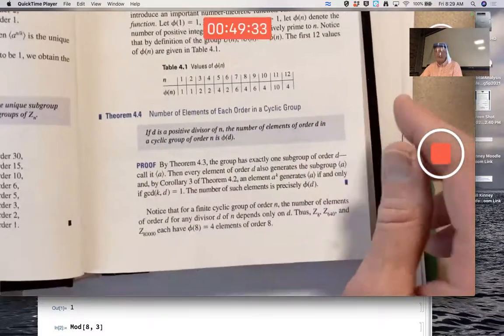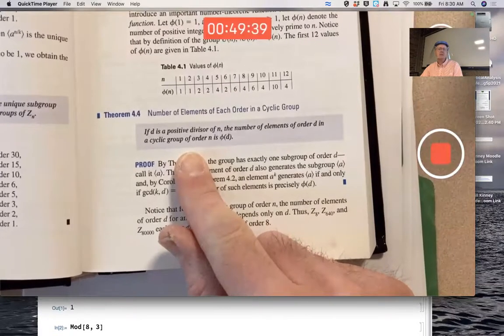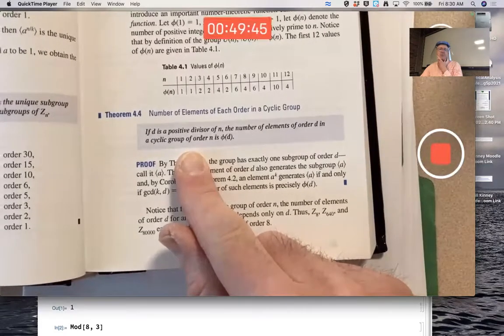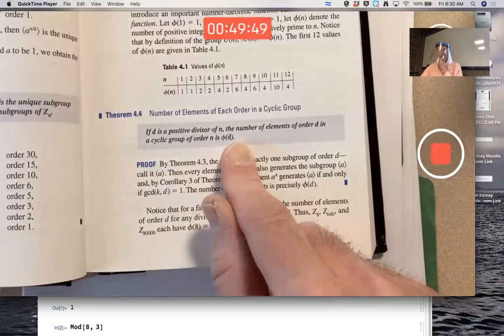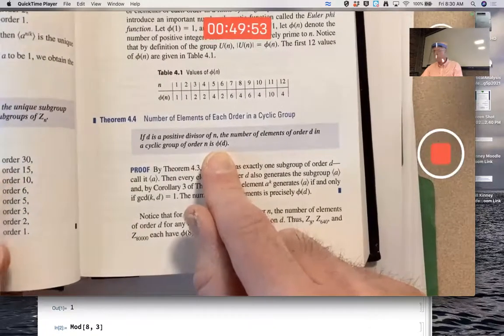They're trying to get to this theorem: the number of elements of each order in a cyclic group. If d is a positive divisor of n, then the number of elements of order d in a cyclic group of order n is phi of d. This is the Euler phi function.